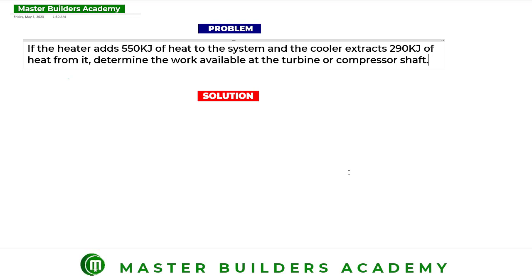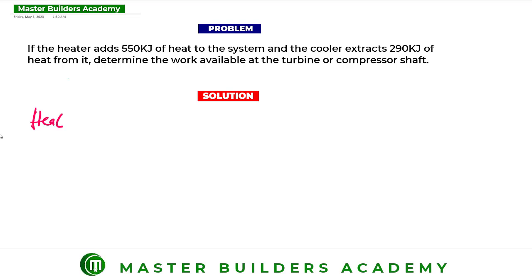We have heat added and then we have heat extracted. In applying those principles, we need to define the parameters given according to the basic signs attached to these values. The first thing we have is heat added.